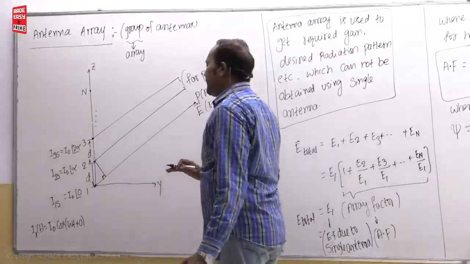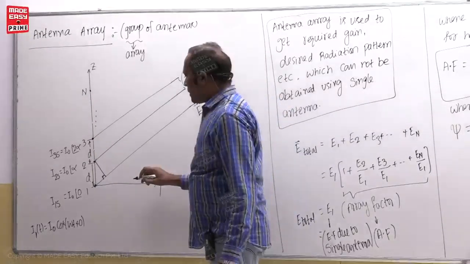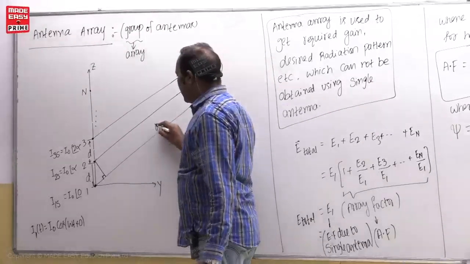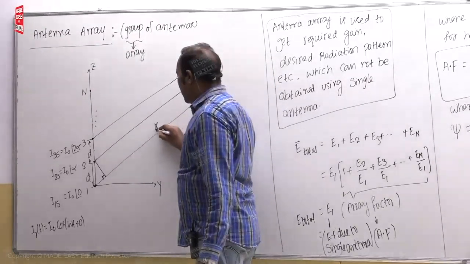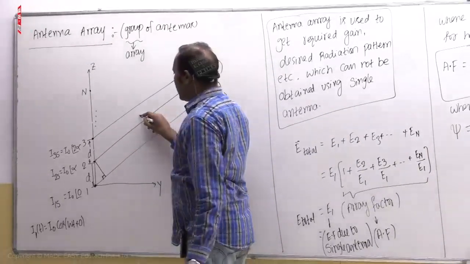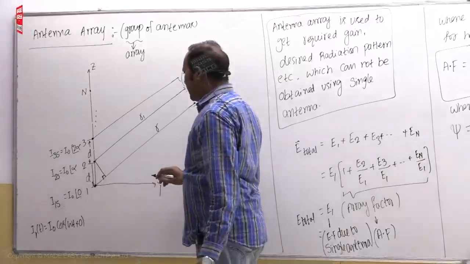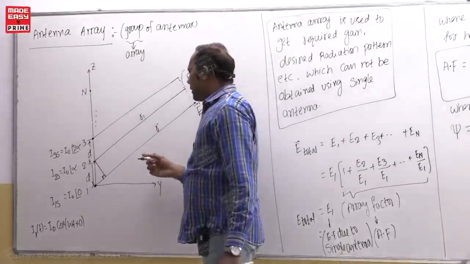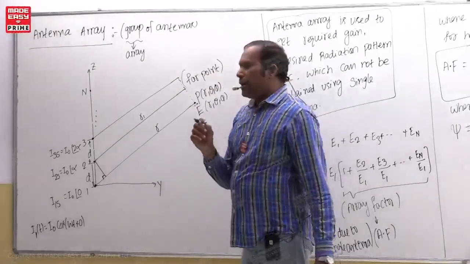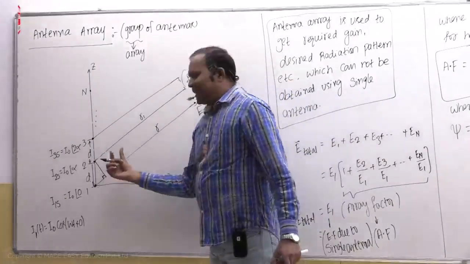Okay, students. Now this distance from here to here, let us say R. Then this is R, and this one is R1, let us say. Then R minus R1, there is some difference in the distance.